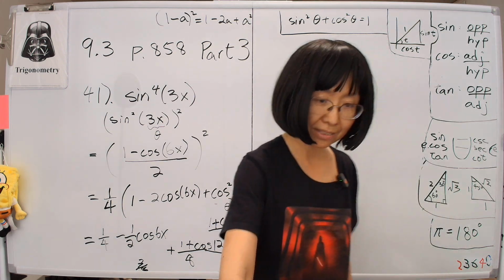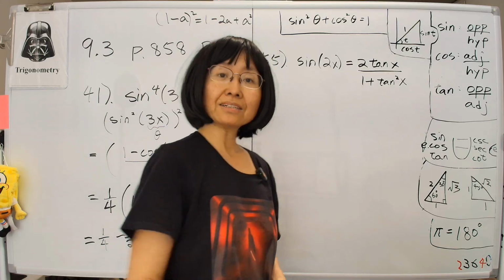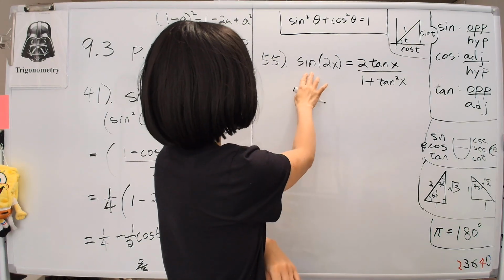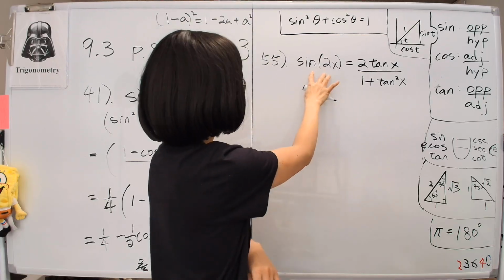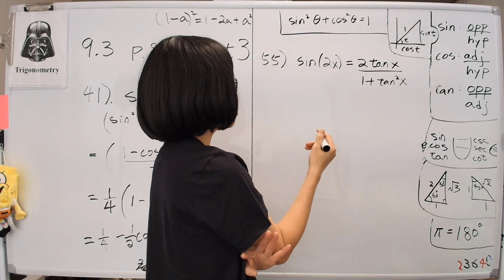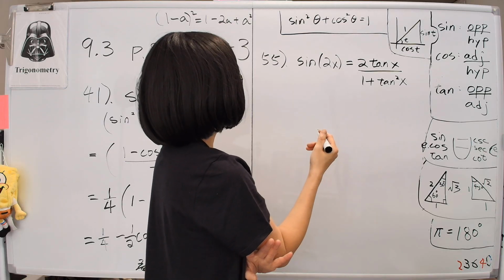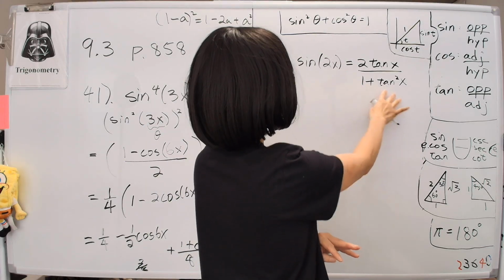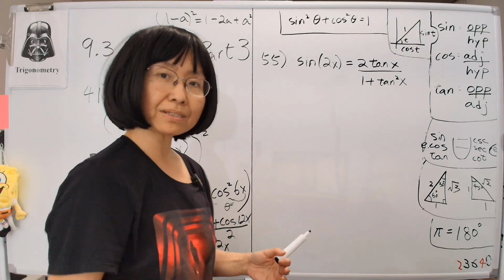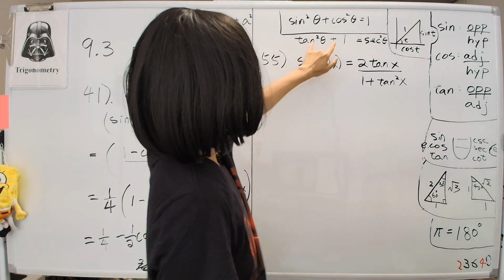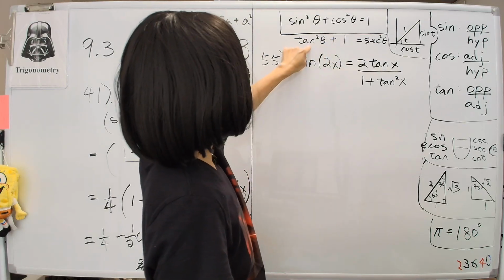Okay, so next, let's consider problem 55. Now we are supposed to prove that sine 2x is equal to 2 tangent x over 1 plus tangent squared x. We can do this several ways, I suppose. Well, a quick way would be to figure out what 1 plus tangent squared is. There is a formula from the past that you can figure out by doing division.